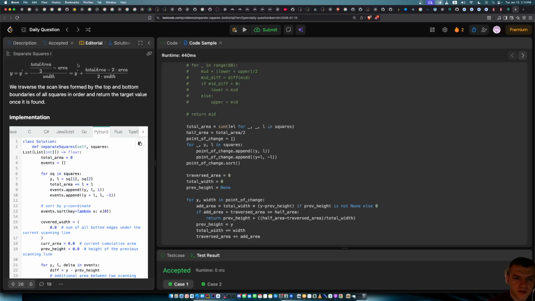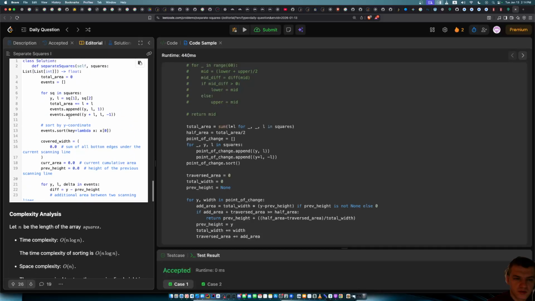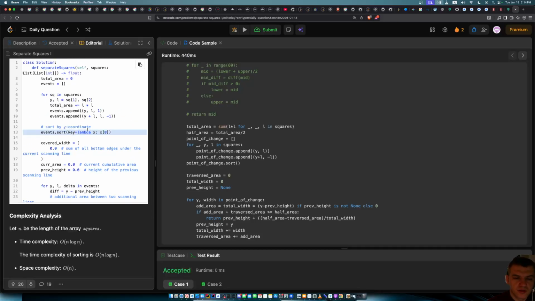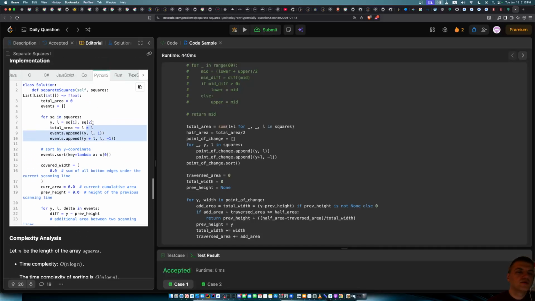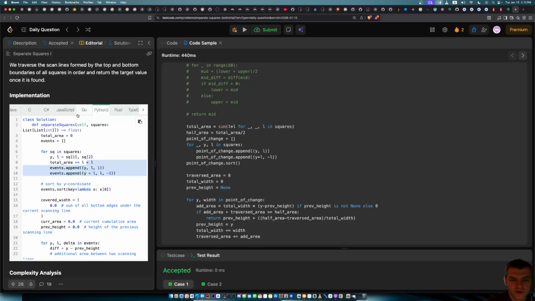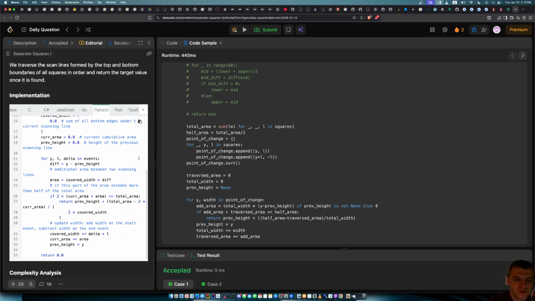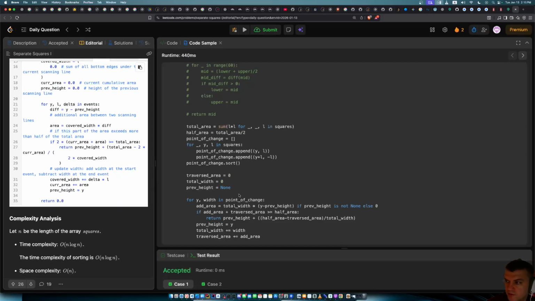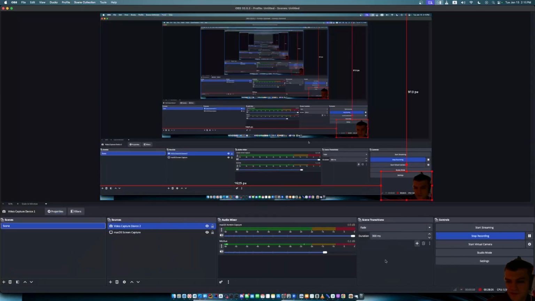Oh, that's interesting. So, oh, they do the sorting. Oh, that solution was actually from the editorial. Okay, I'll read it in my free time. Okay.